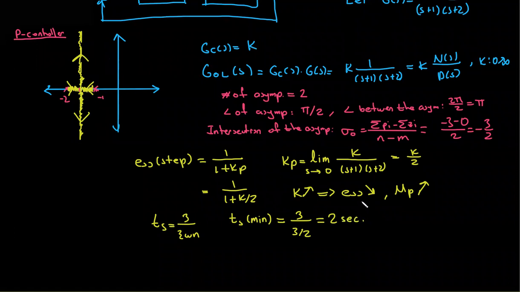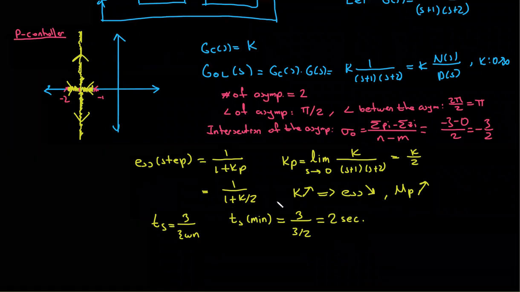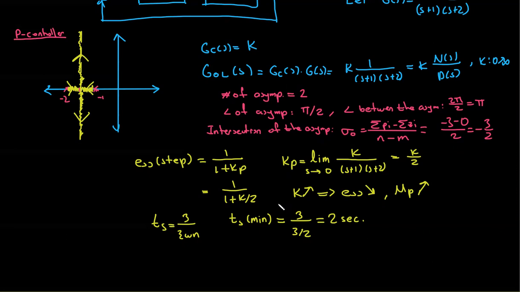Okay. And so when you increase k further, what happens to the settling time? If the poles are moving on this line, the real part is not changing at all, right? So 3 over psi omega n is not changing. So after that point on, if you increase k further, you cannot improve the settling time.